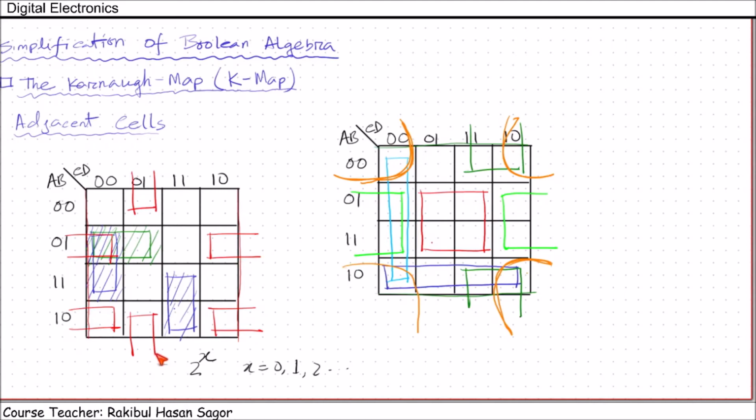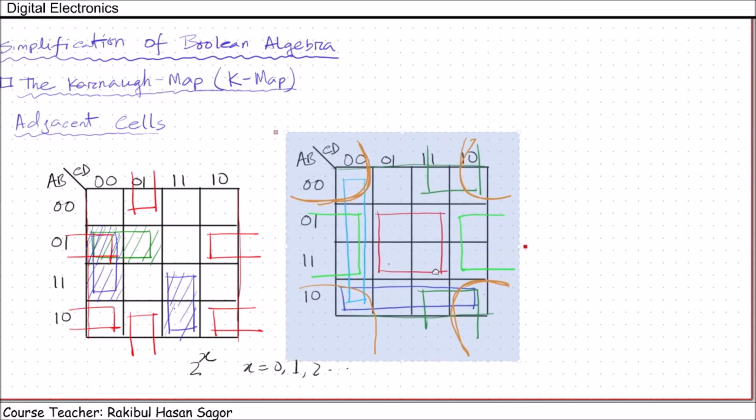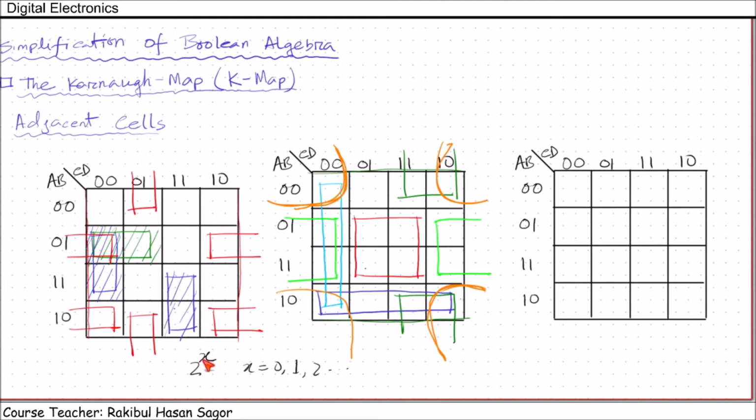Now let us see the adjacent cells for the 8 smaller rectangle case. Let us take this picture left. We know 2 to the power 3 equal to 8. So we can take 8 smaller rectangles as adjacent cells. If we take these 8 rectangles, they are adjacent.